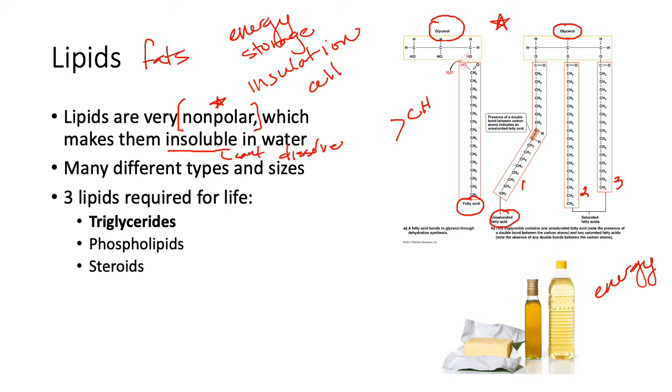We've all experienced that some triglycerides are liquid at room temperature versus solid at room temperature. That actually has to do with the fatty acids themselves. Notice in this picture that these fatty acids create very straight chains.